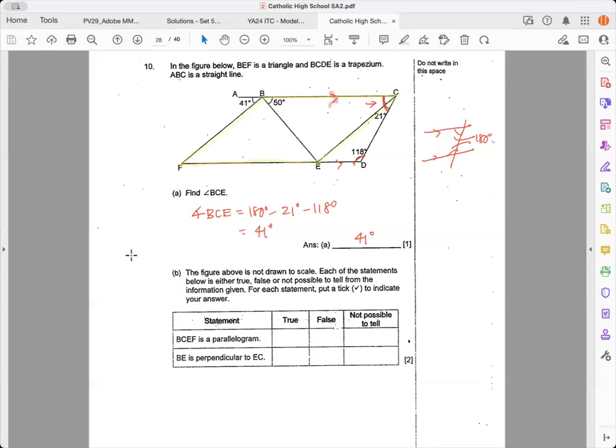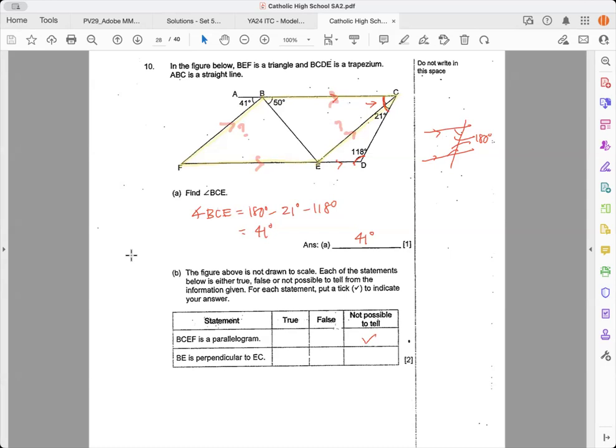This one we know is parallel, right? But we are not sure whether this is parallel or not. It's the question mark. It may not be parallel. So it's not possible to tell. If it's parallel, it will be a parallelogram. If it's not parallel, then it's not a parallelogram. So the first part is not possible to tell.